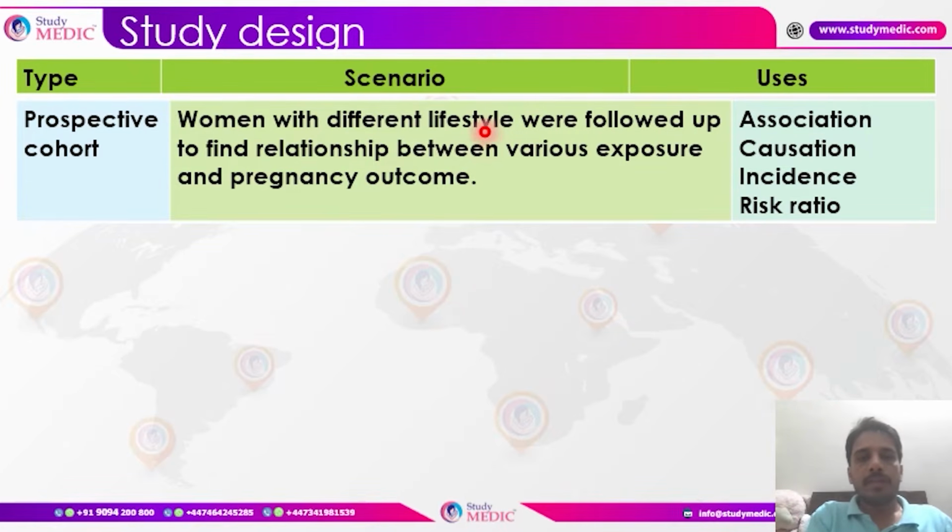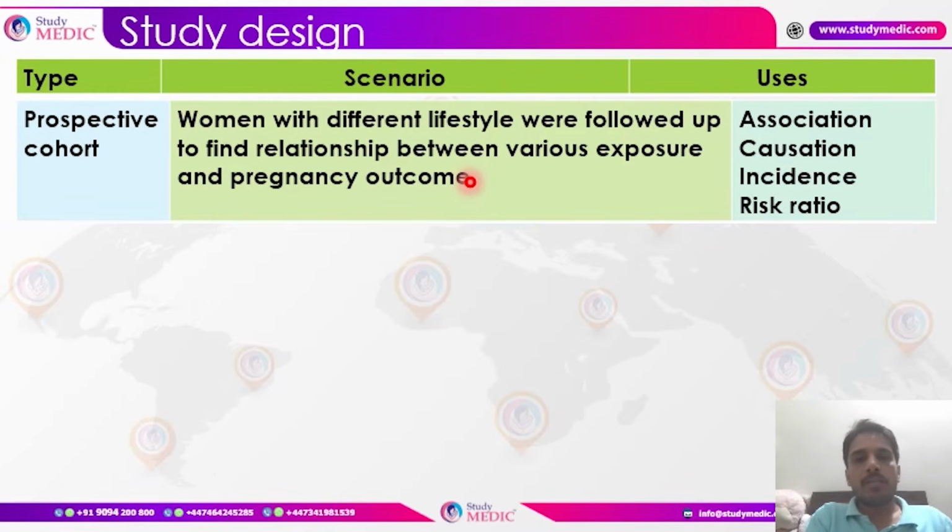Women having a good lifestyle or a bad lifestyle, women who are smoking or not smoking, dietary lifestyle, etc. They were all chosen, meaning those with different exposures were chosen, and those who are exposed were followed up to see what is the pregnancy outcome in future. Those who are having a poor lifestyle, what is the pregnancy outcome, is it good or bad?